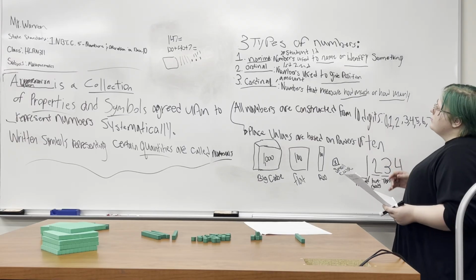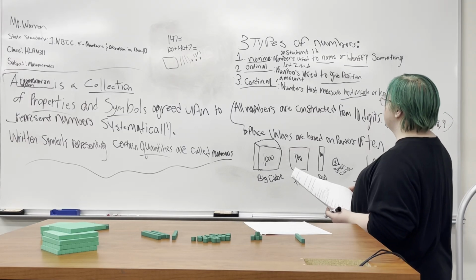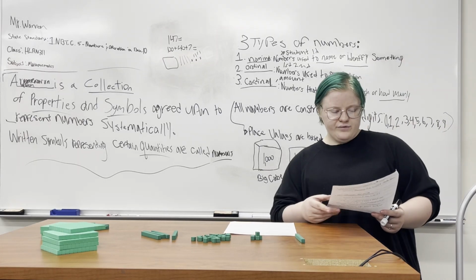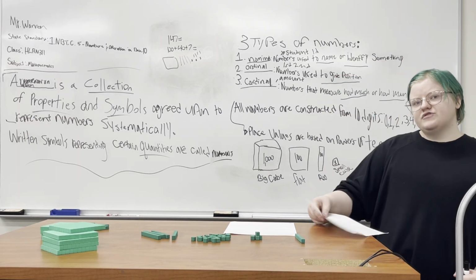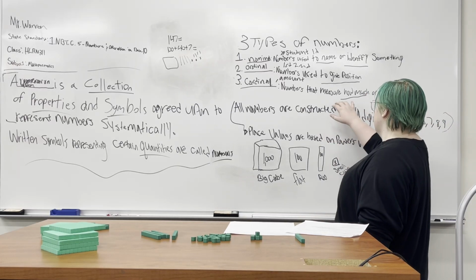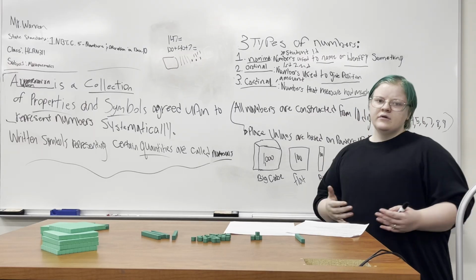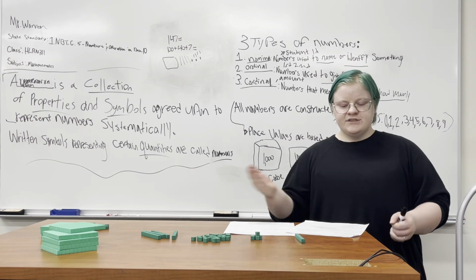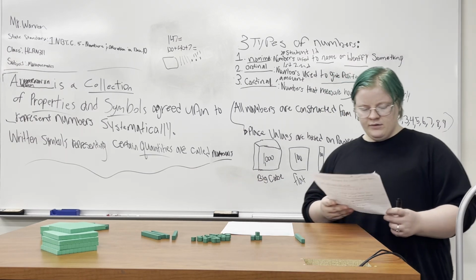We have ordinal numbers. These are numbers used to give position: first, second, third, last, and so on. Then we have cardinal numbers, which are used to represent how many or how much of something you have. For example, 2 dogs, 3 cats, 4 apples, just measuring any quantity of something.